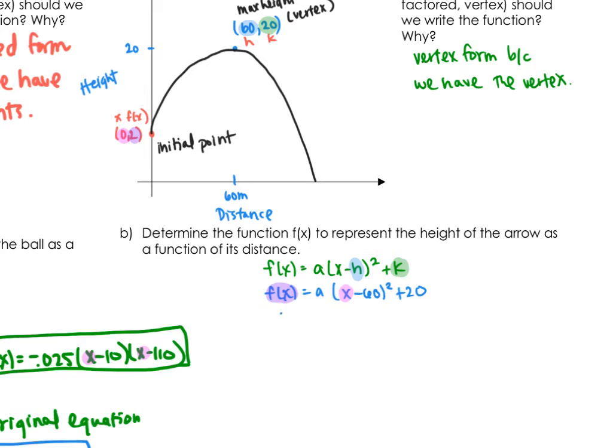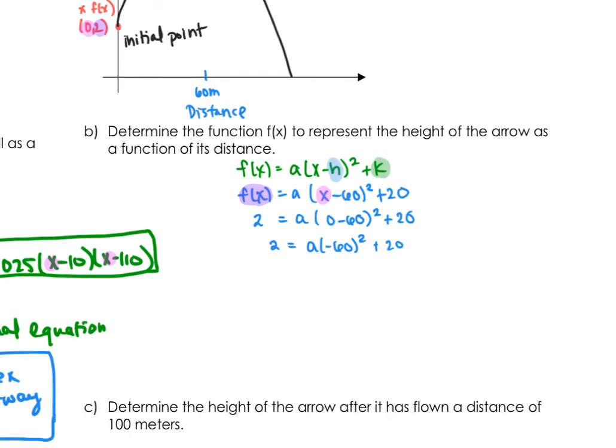So this is going to be 2 equals a times 0 minus 60 squared plus 20. Simplifying here, 0 minus 60 is negative 60 squared. Simplifying a little bit more, we do the exponent. So negative 60 squared is 3600a.